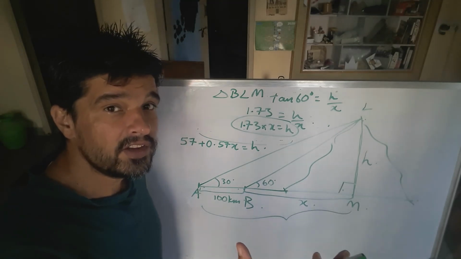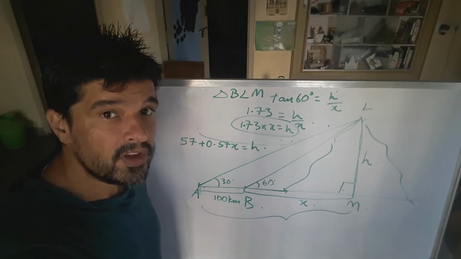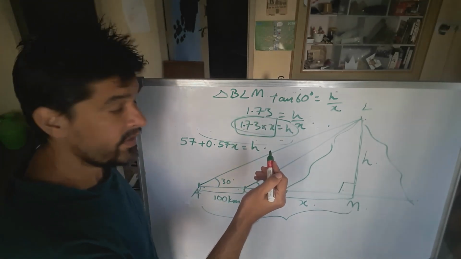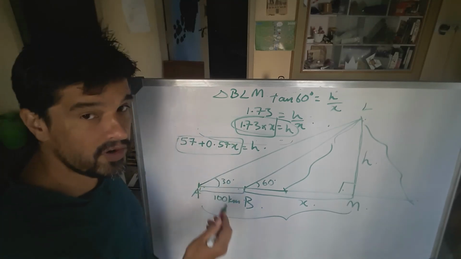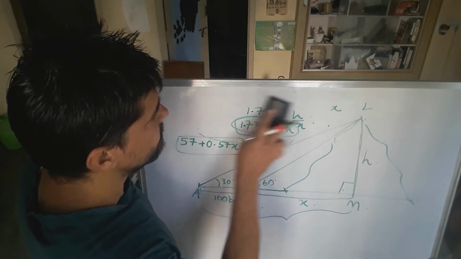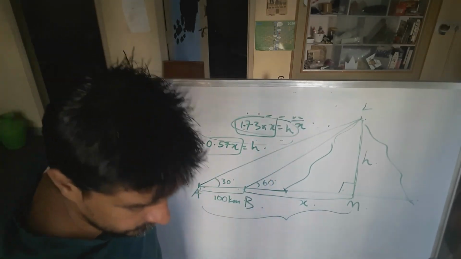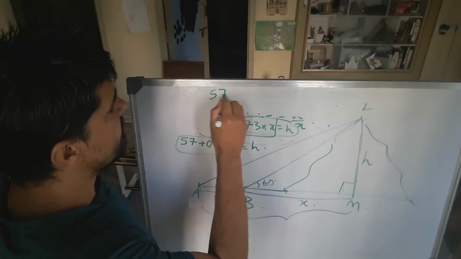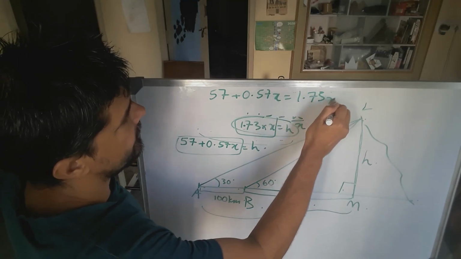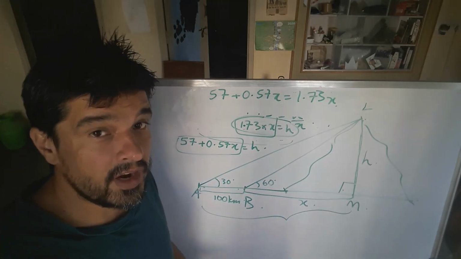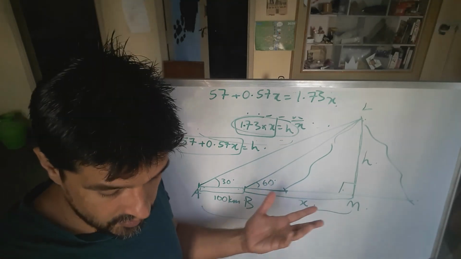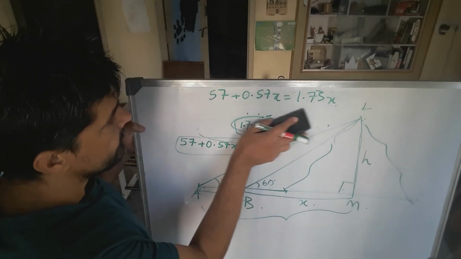Both the left hand sides are equal to H. So we can equate this: 1.73x is also H, and this 57 plus 0.57x is also H. So we do something like this: 57 plus 0.57x is equal to 1.73x. Now the beauty is you have reduced it to one single variable, x, and you can solve it. It's just a simple question of addition and subtraction now, which we will do.